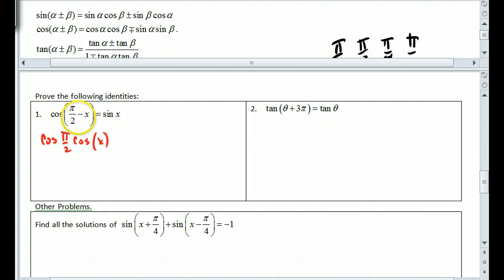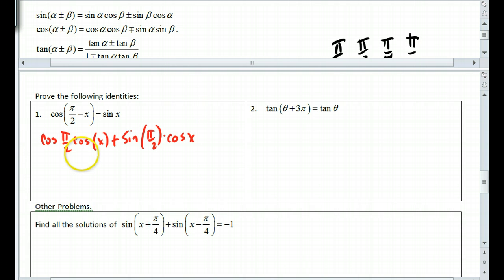And I ignore that minus sign right now. Since this is minus, I'm going to use the plus. So that's going to be plus, and then this would be sine, sine, sine pi over 2 times cosine of x.